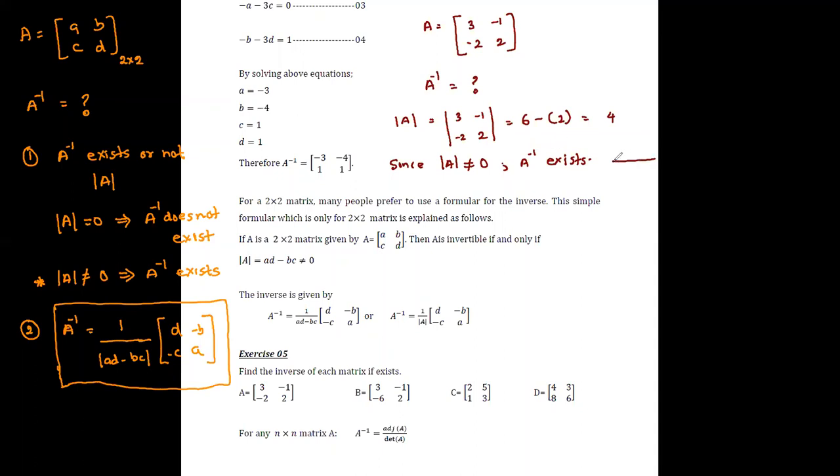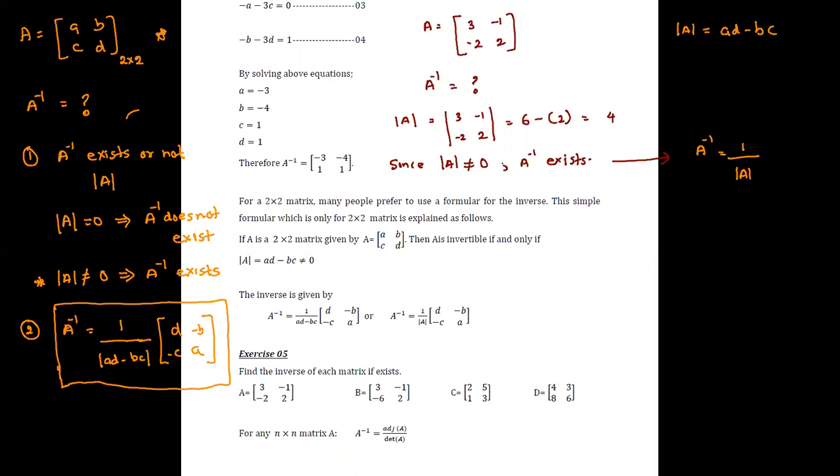Since A inverse exists, now we move to the calculation of A inverse. To calculate A inverse, we can use this equation: A inverse equals 1 over, instead of AD minus BC, I can write it as the determinant of A. It is because if the matrix is given in the form A, B, C, and D, the determinant of the matrix is given as AD minus BC.